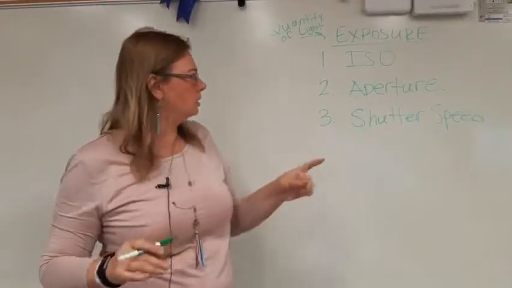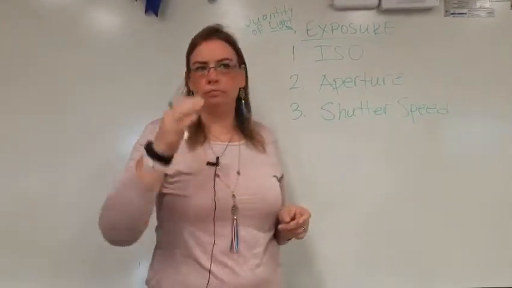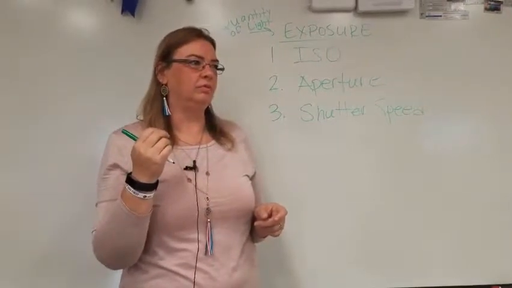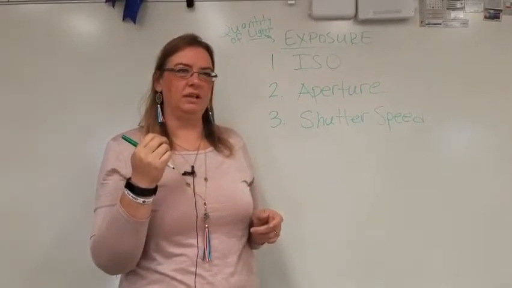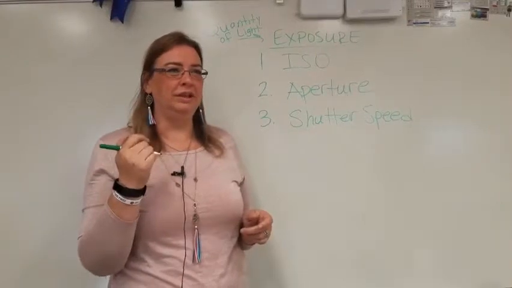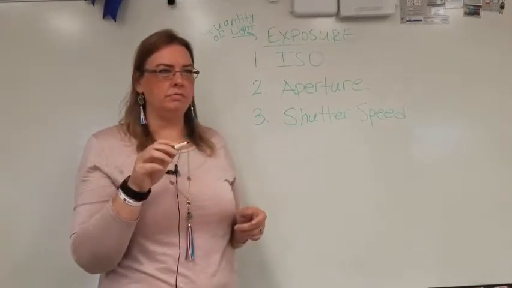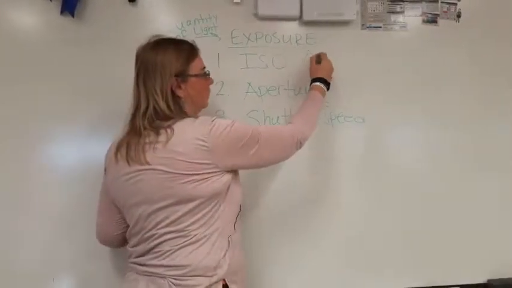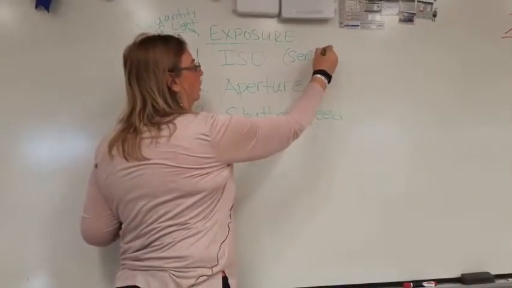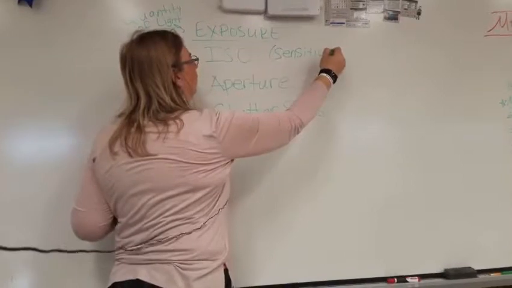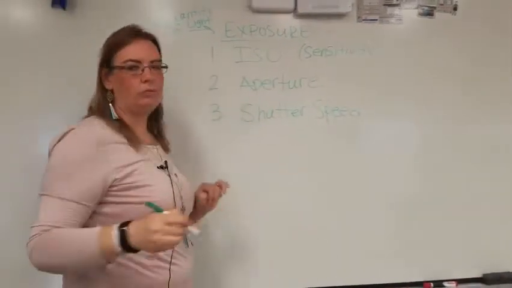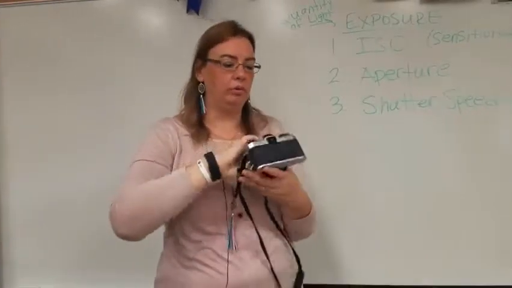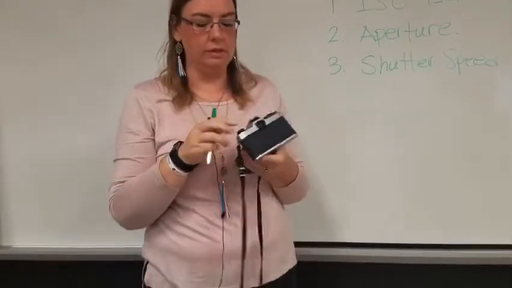does anybody remember what ISO is? Like, what is that? Yes, so sensitivity. All right, back in the day, on a film camera, you put film in, and the film was different sensitivities.